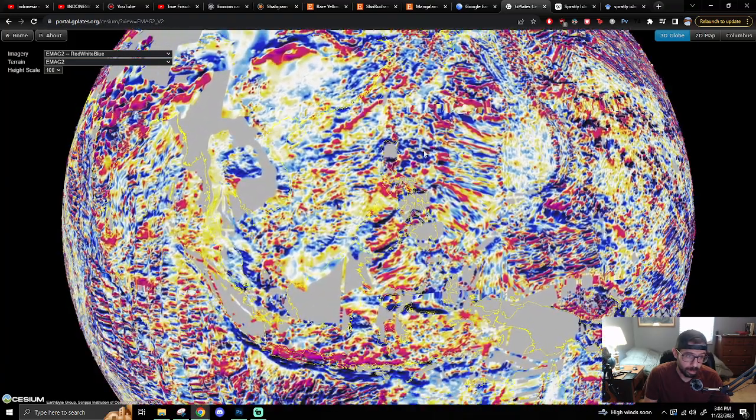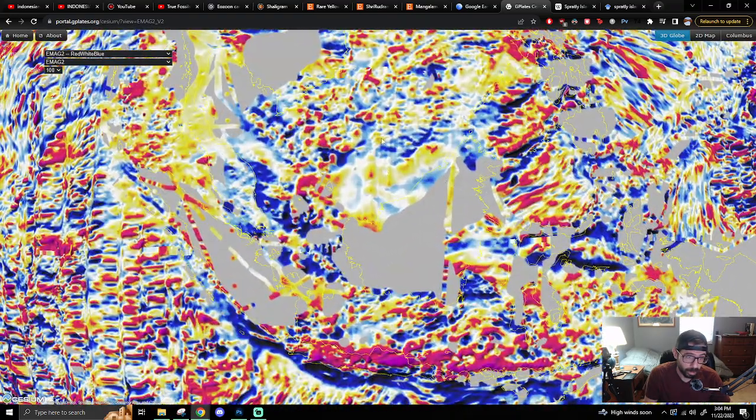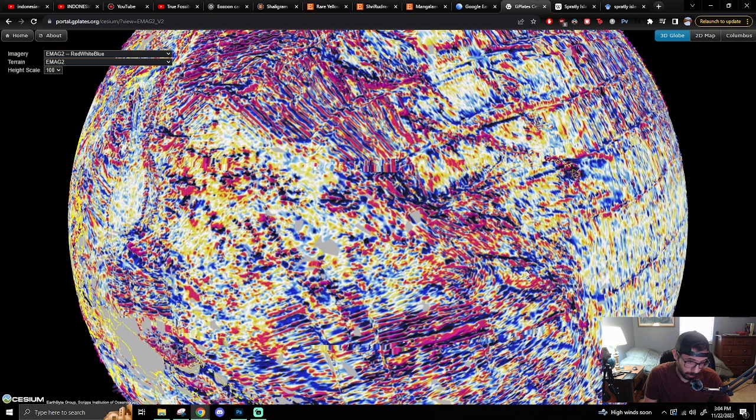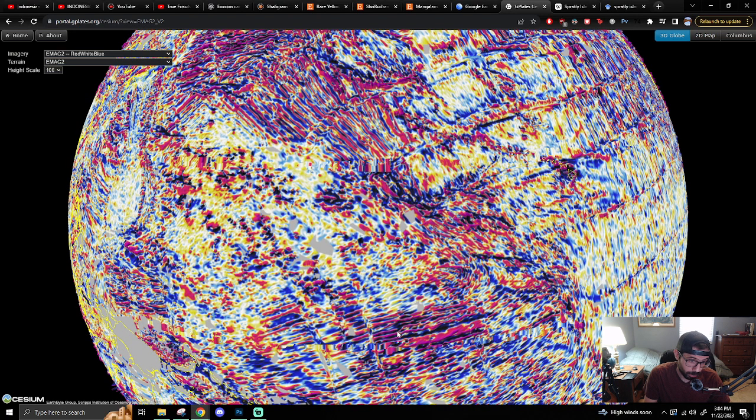In terms of this map, here's Borneo. Spratly Islands are here. And the Western Pacific had a current flow that got segmented by another current flowing inward over this way into here, which segmented the current.